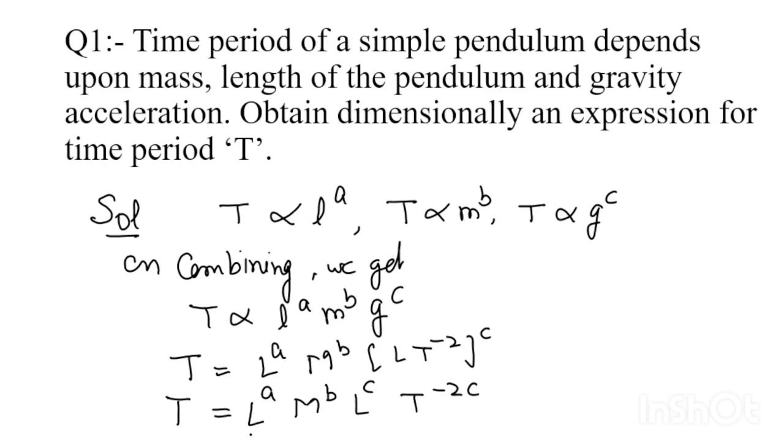Now there are two terms of L, L power A and L power C, so we add the powers of L. So T equal to L power A plus C, M power B, and T power minus 2C.